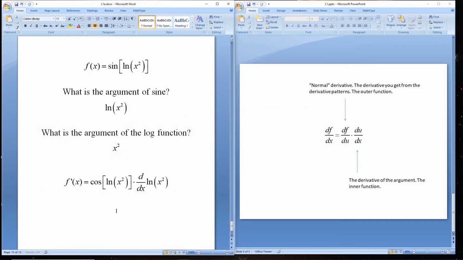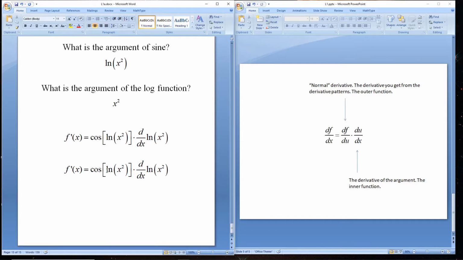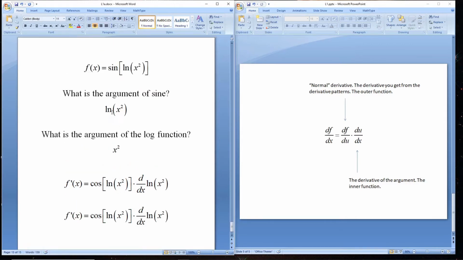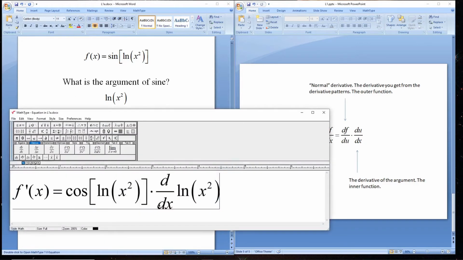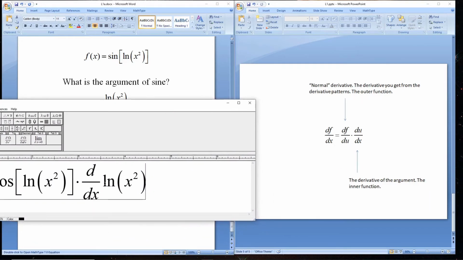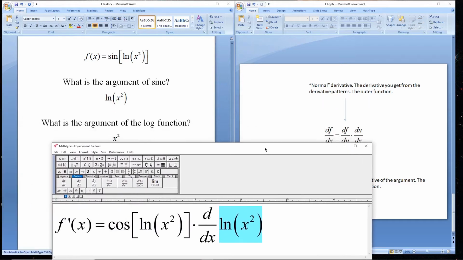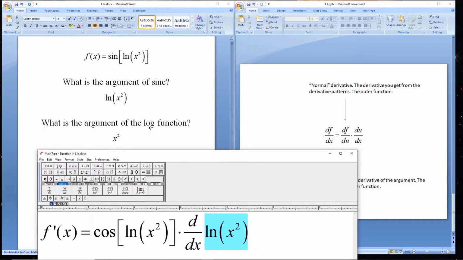So let's do that. We'll keep going. So we did the first derivative. Sine is cosine. And now we need to do this next derivative. And notice again, this is a composite function. And that's why I asked you, what is the argument of the log function?